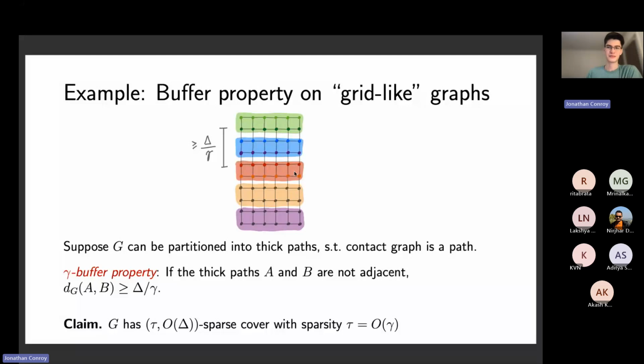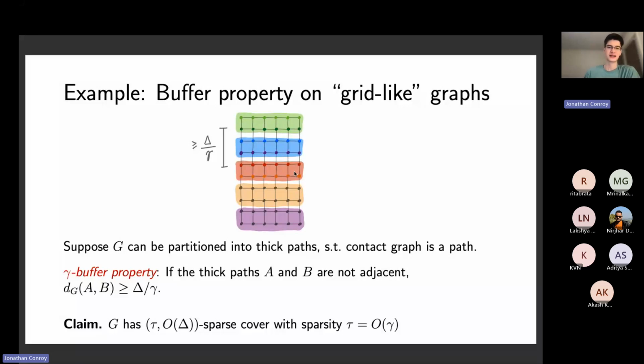You should think of gamma to be roughly O of R, by the way. Eventually, we're going to get a buffered decomposition with a gamma buffer property where gamma is equal to O of R. R is the size of the excluded minor.